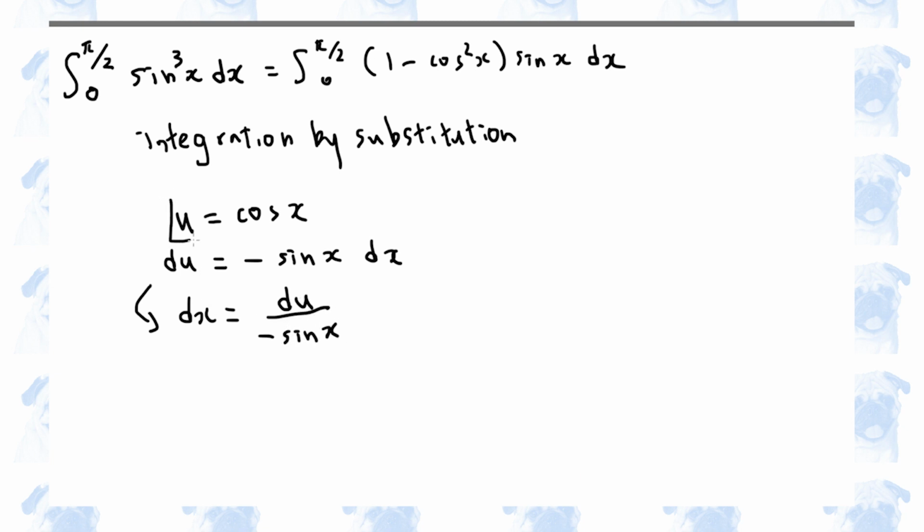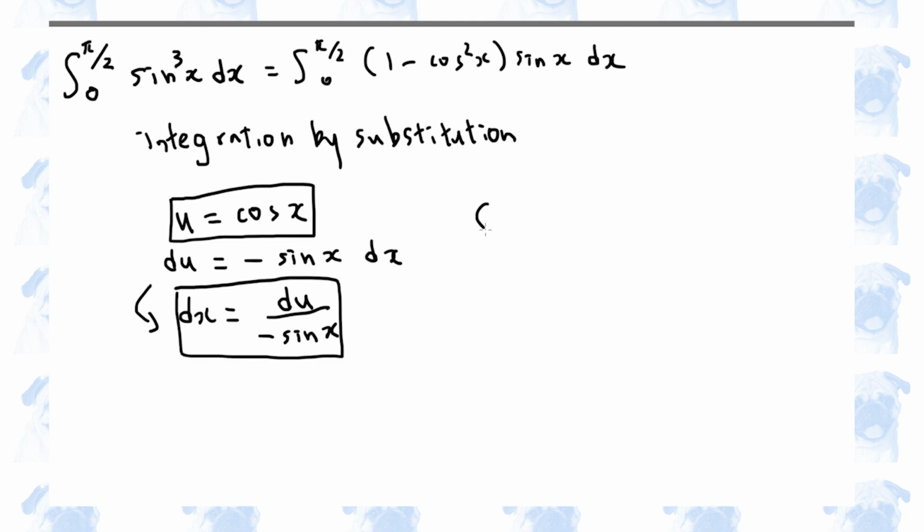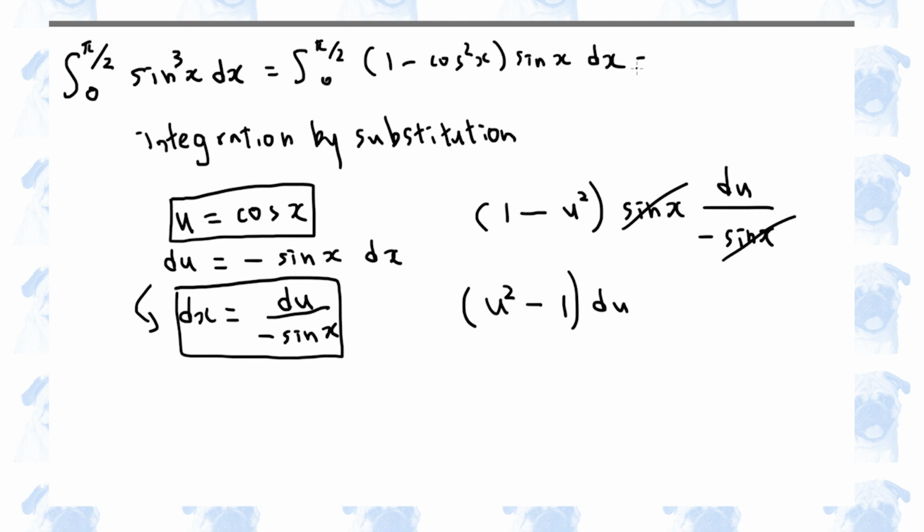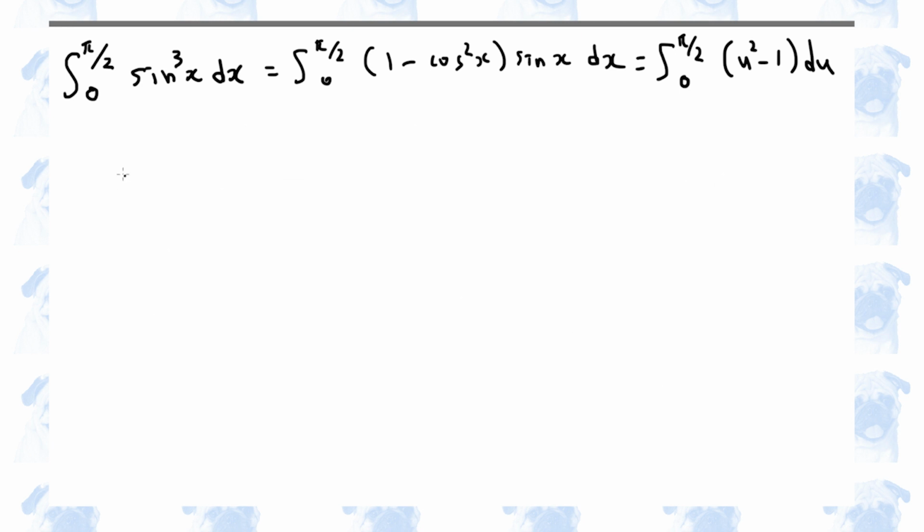So let's substitute these values. So we have 1 minus u squared times sine x times du over minus sine x. So this is equal to u squared minus 1 du. Now let us integrate.